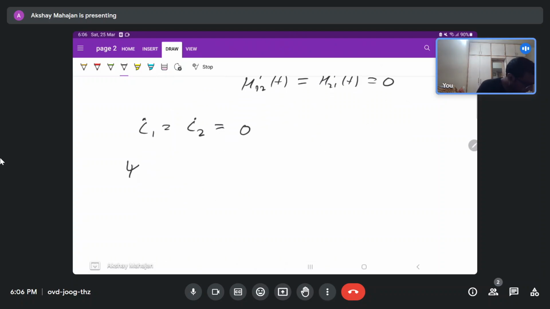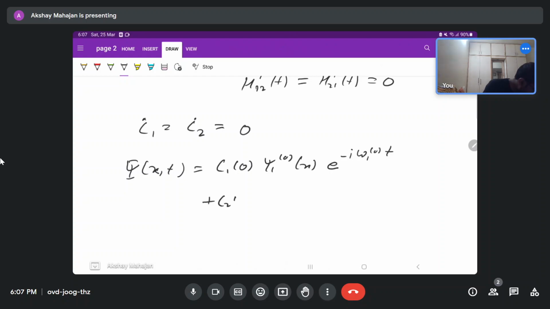In that case, our wave function psi of x comma t will be, since C1 dot and C2 dot are 0, C1 of 0 times psi1 naught, which is our state 1 without perturbation, e to the power minus iota omega 1 t, plus C2 at t equals 0, whatever the coefficient was at t equals 0, times psi2 naught of x, e to the power minus iota omega 2 t.